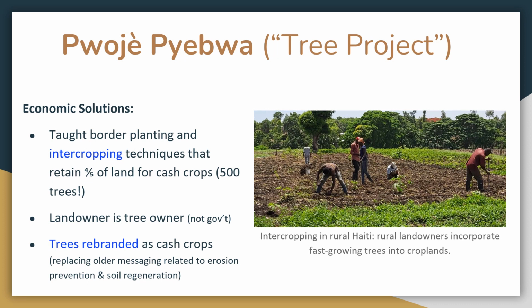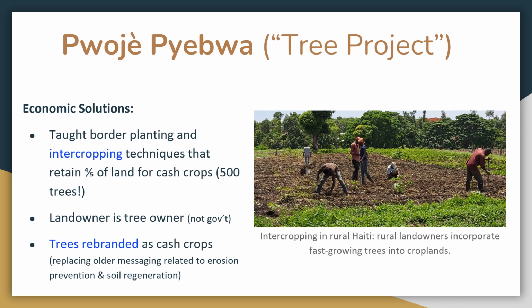Some of these economic solutions taught border planting techniques and intercropping that allowed farmers to retain 4/5 of their land for cash crops while interspersing up to 500 trees on these small family farms.